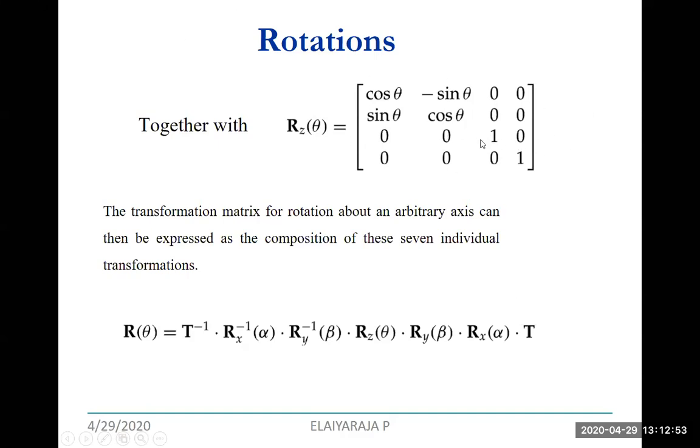Put together, when you perform the rotation around an arbitrary axis, the transformation matrix for rotation about an arbitrary axis can be expressed as the composition of these 7 individual transformations.